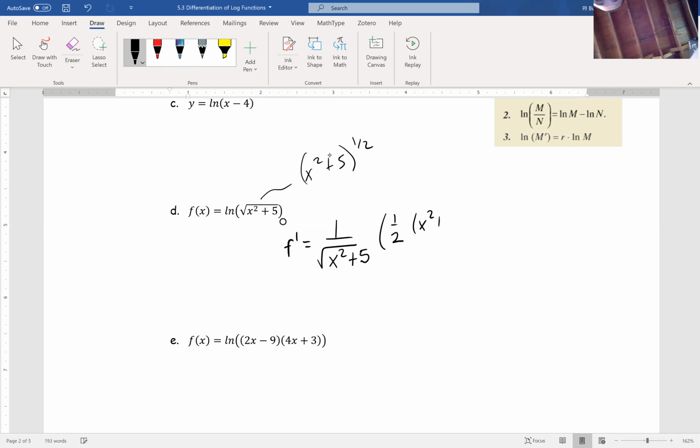I get x squared plus 5, and I have to subtract 1 from the power. So this is really 1 over 2. And we've got square root times square root in the denominator, which means the square root just disappears.